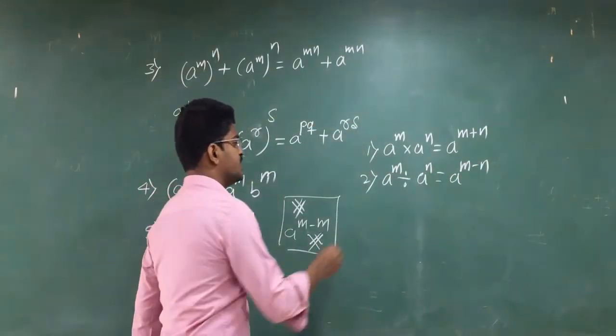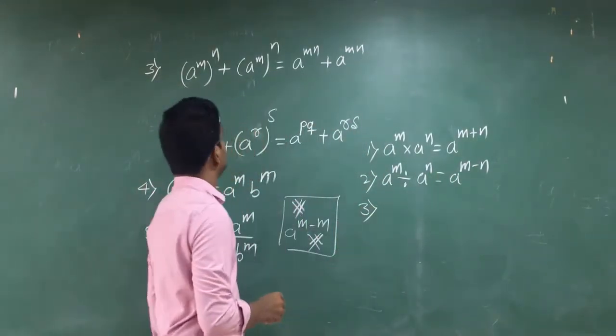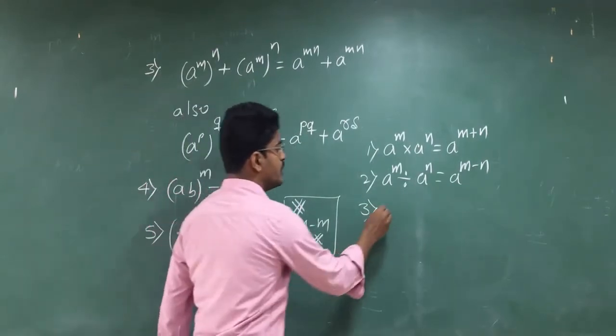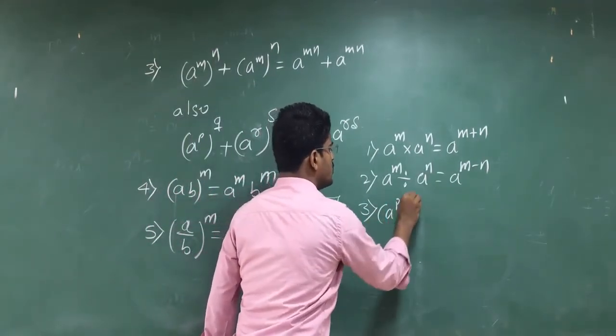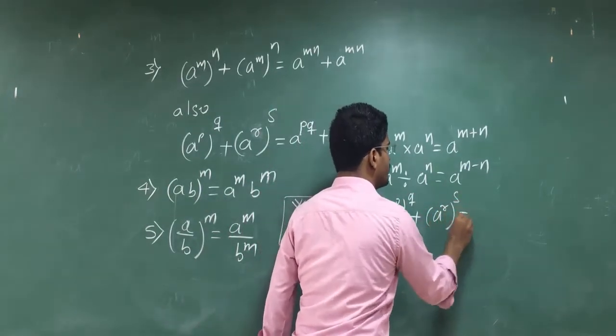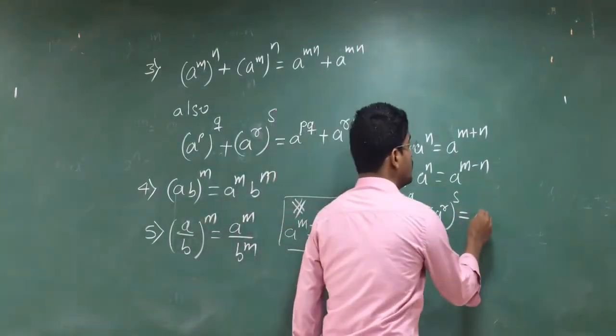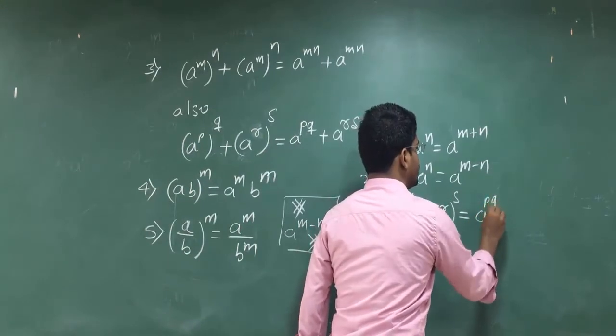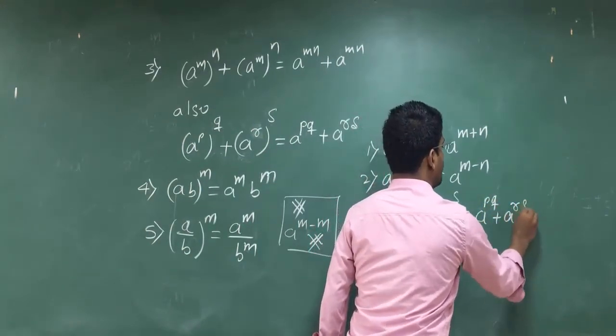Clear? Next, third one, that is (a^p)^q plus (a^r)^s is equal to a^(pq) plus a^(rs).